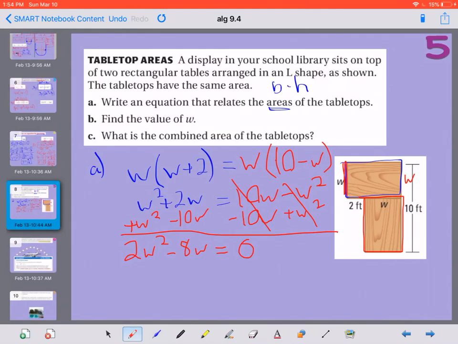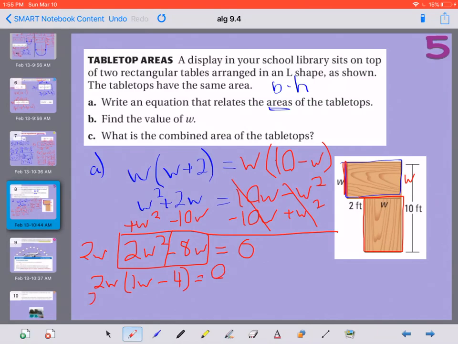Now if I were to factor this out, I could take 2W out of both. So I would get 2W times W minus 4 equals 0.